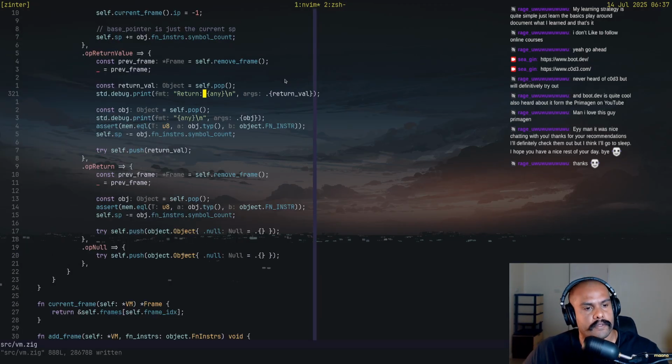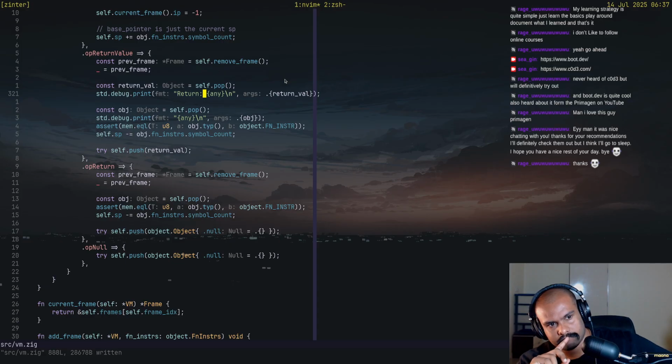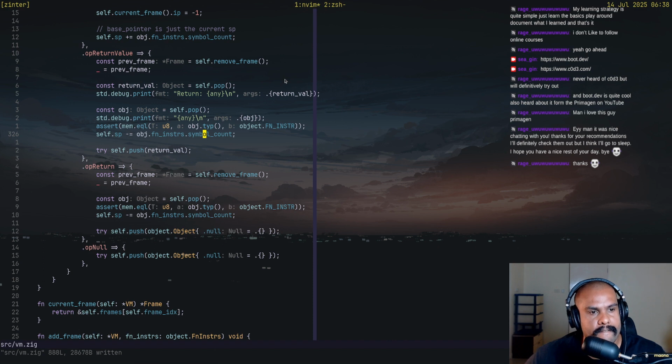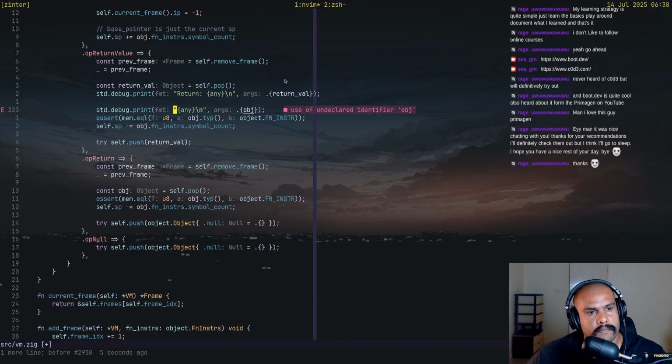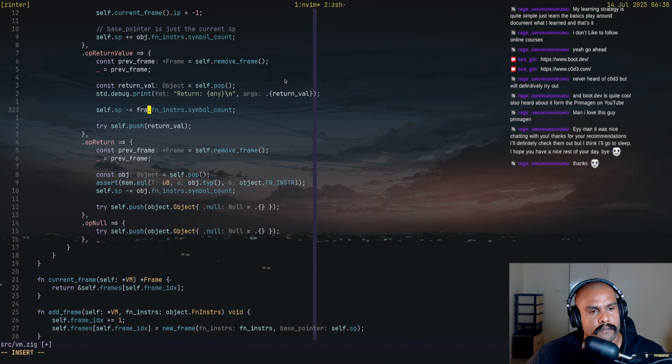Hmm. Hang on. Because this is no longer required. I'm correct. Frame dot base pointer.